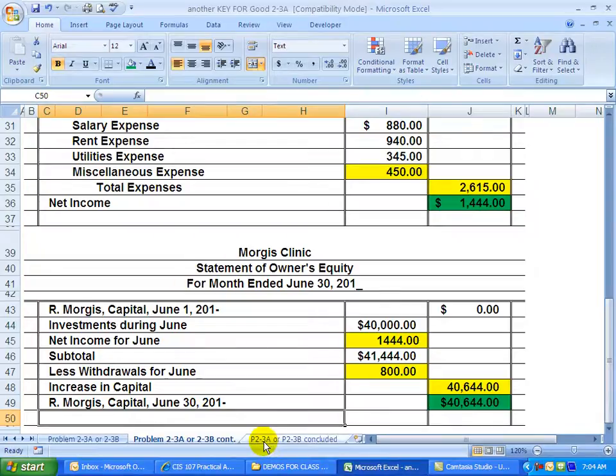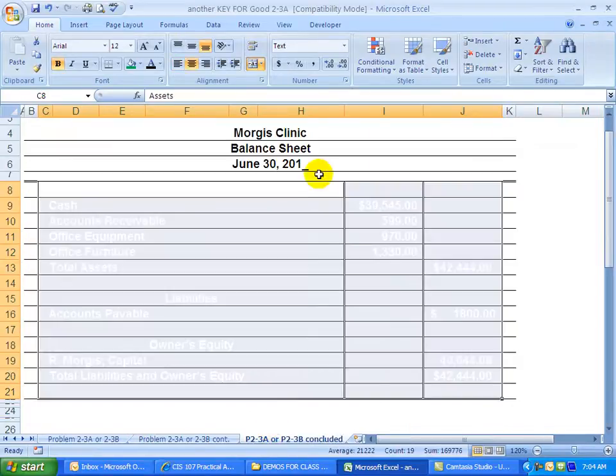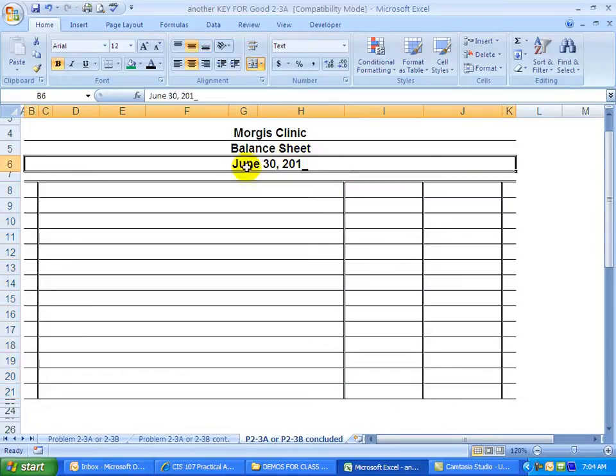The third and last financial statement we're going to do is called the balance sheet. So the balance sheet is the name of the company, the words balance sheet, and notice the date now on this is just the last day of the month, because we're going to show account balances on the last day of the month. Now, when you did an income statement, revenue was at the left with a colon after it.